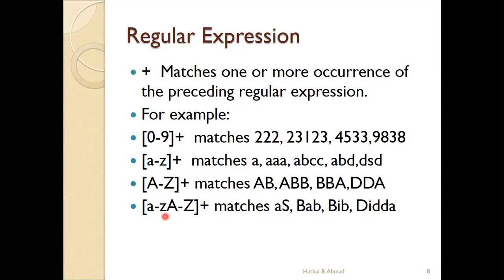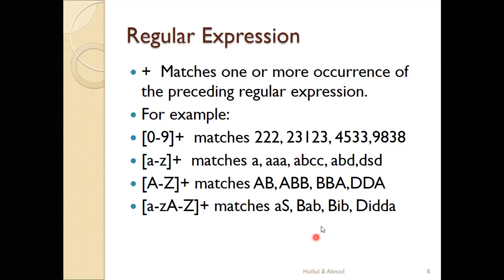That can be used to match the input, like the string AS. In order to match this one, just select the A from this character class. Again, in order to match the second character of the input string, select the S from the character class. So that's how this pattern is able to match AS.